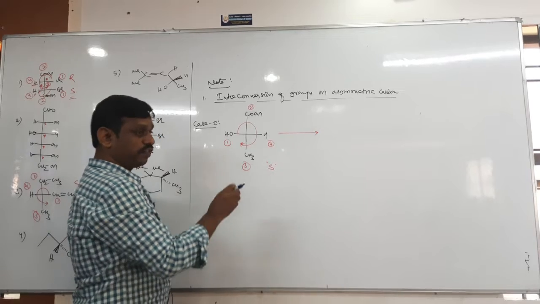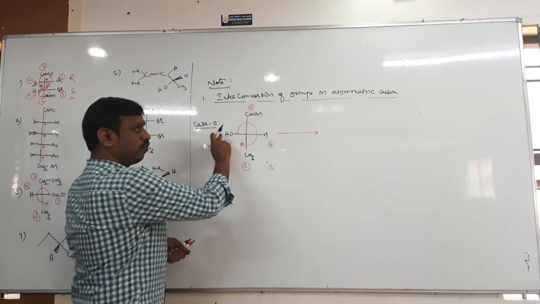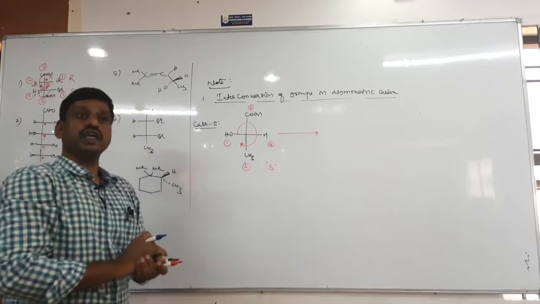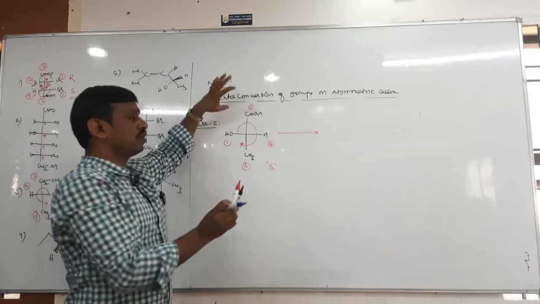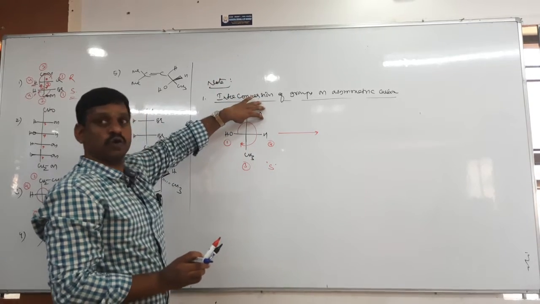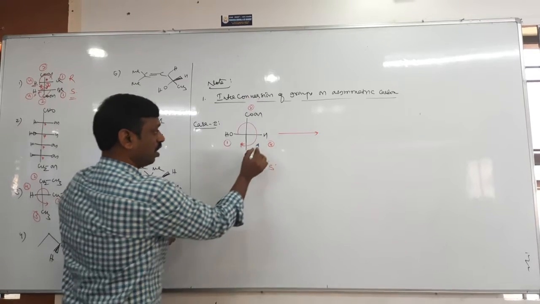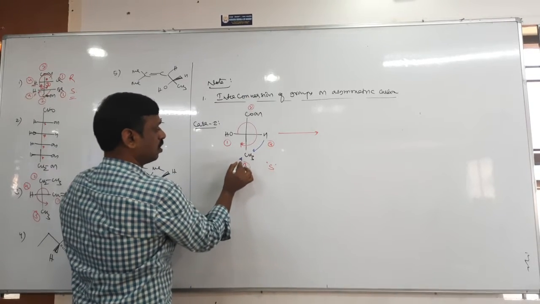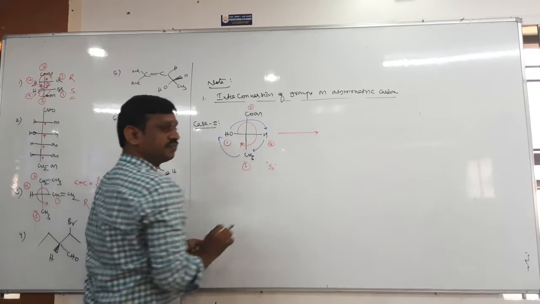Remember, if the groups are present on horizontal lines and you want to make them vertical, you can turn by holding the top group and interchange all 3 groups. Hydrogen you bring here, methyl you bring here, this OH bring here.